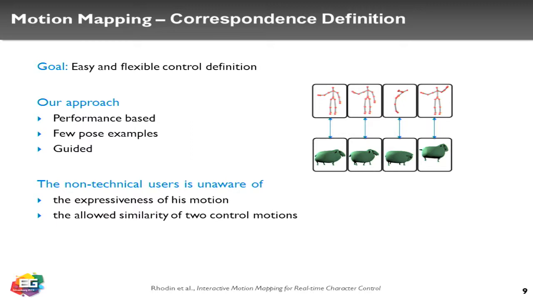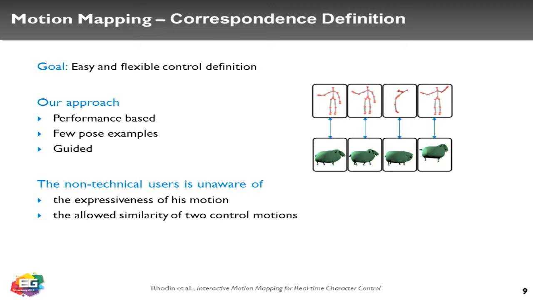Another approach: usually when you define a mapping, you need many example poses. So they try to achieve a good mapping with as few poses as possible. The system guides you: if you already chose a few correspondences, it suggests what kind of new poses you can use for a better mapping.